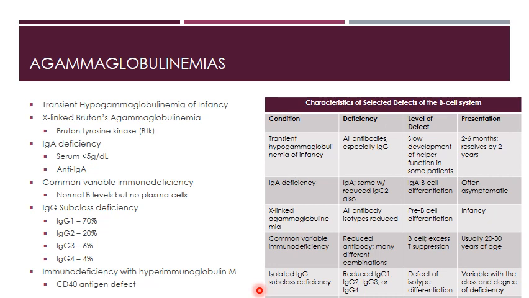The other defect is that T cells are failing to provide adequate stimulation for the B cell differentiation. If you remember, one of the things that's required for B cell differentiation is that the T cell link to the B cell has to be pretty strong. And if it's a weak linkage, the B cell is not going to differentiate. Usually that weak linkage is because the specificity for the antigen between the T cell and the B cell is not the same.